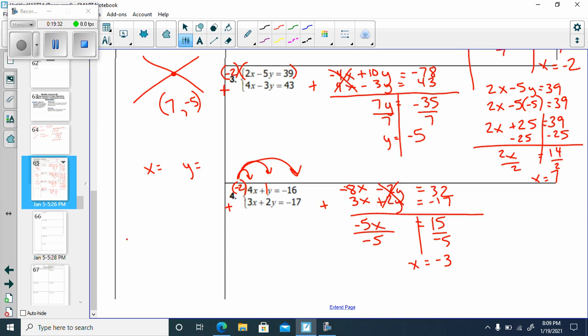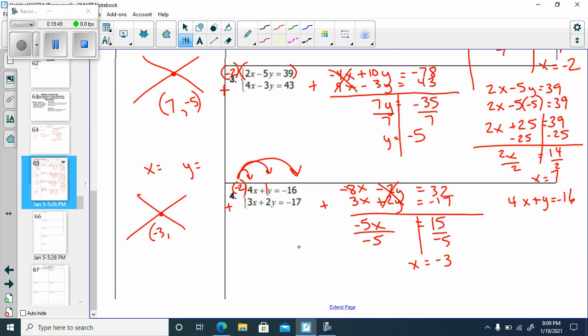Okay? Remember, we're looking for where the two lines intersect. The x is -3. Okay, let's find our y. Choose either one of these to substitute in. 4x plus y is equal to -16.